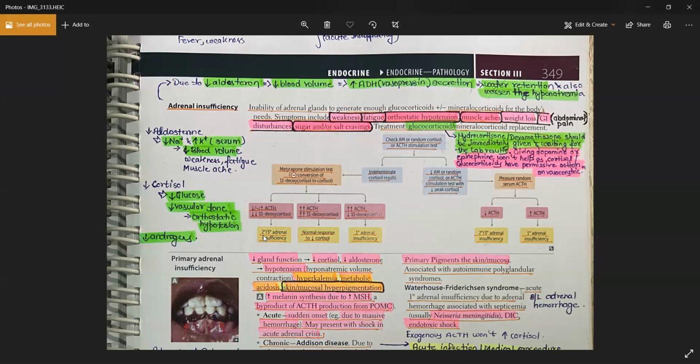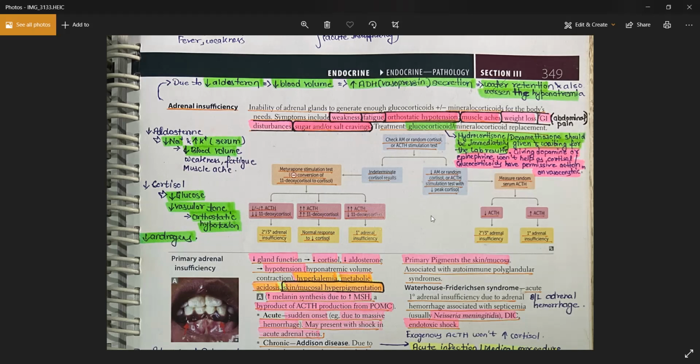If the ACTH levels are increased and the 11-deoxycortisol levels are increased, that means my pituitary was absolutely normal, and my adrenals are also responding to the ACTH. That's why the 11-deoxycortisol level is high, a normal response to the decrease in cortisol. If you have a high ACTH but a low deoxycortisol, that means my pituitary was intact but my adrenals are not responding to the ACTH, which means it is primary adrenal insufficiency. Is that okay for everyone?